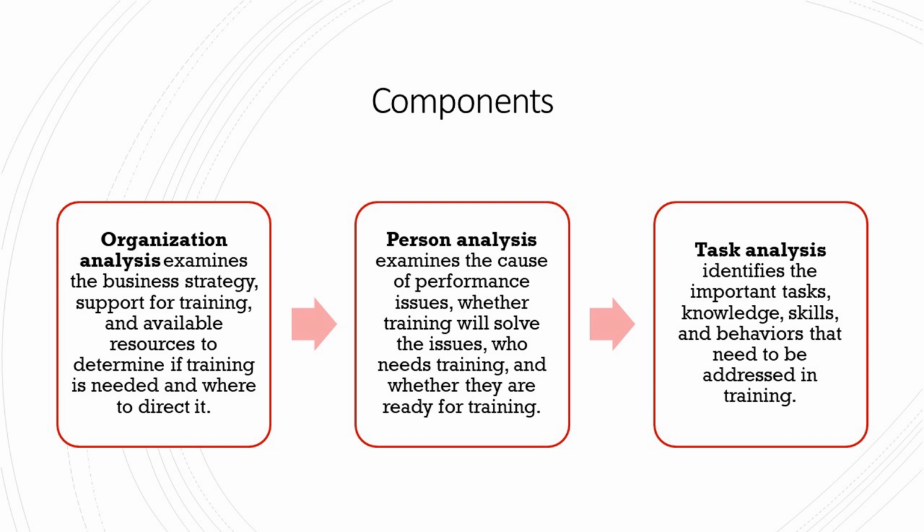We would also determine through person analysis who needs training and whether they are ready for it, whether they have the basic prerequisites, whether they are motivated to learn. Task analysis helps us identify relevant training content and progress to the design phase of program development.